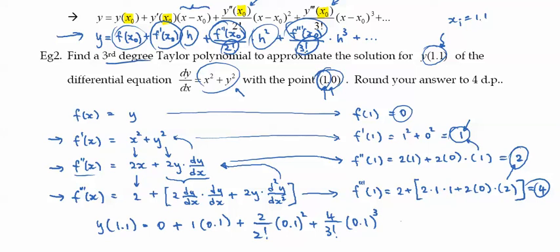And putting all of these into your calculator, we can then come up with the answer rounded to 4 decimal places, or technically 0.1107.